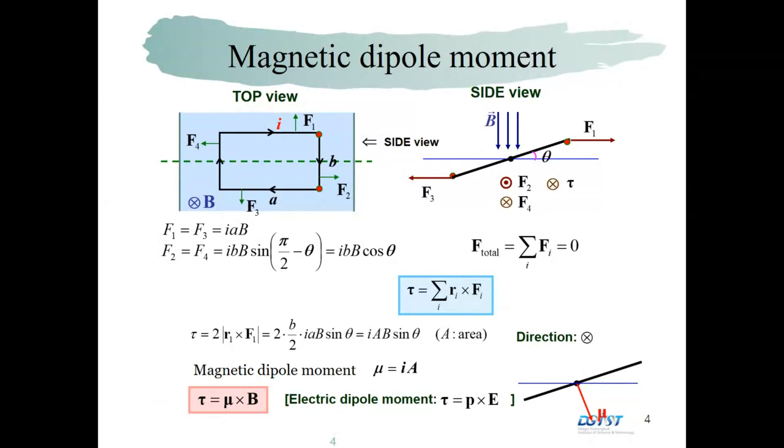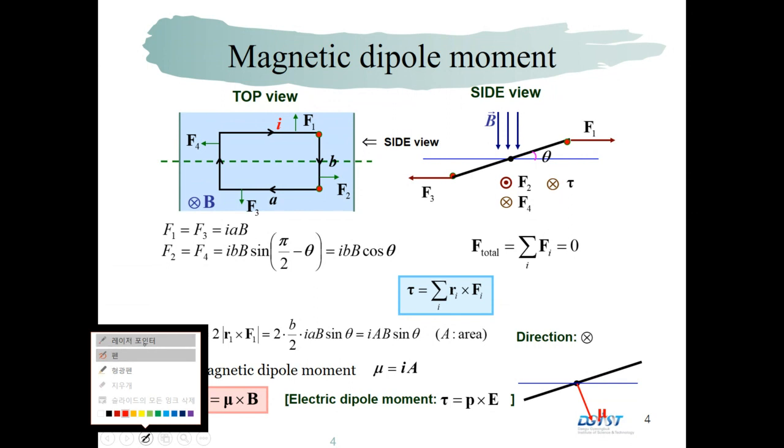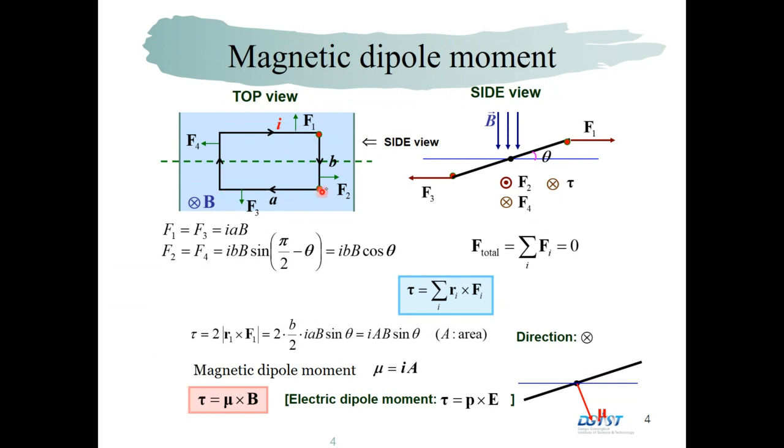Okay, in our last class, I explained the definition of magnetic dipole moment by the running current from the rectangular shape. If we have a rectangular current loop inside of the magnetic field, we can find some torque acting on these loops.